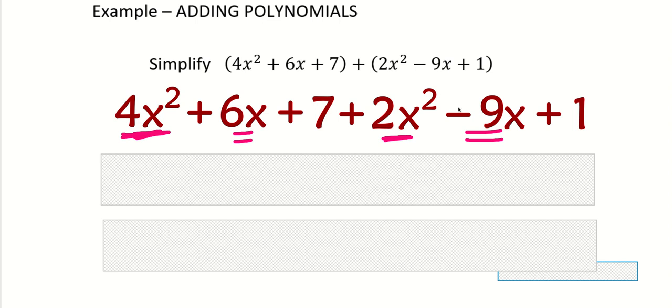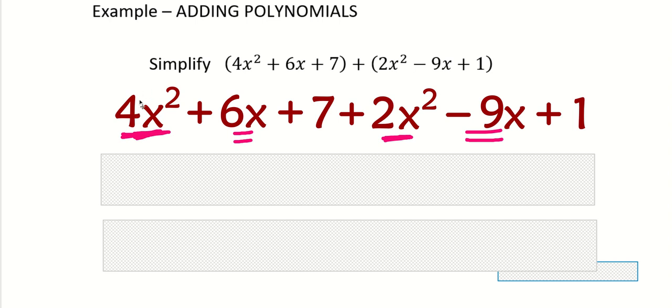In other words, the sign out in front matters. The sign out in front is a part of the term. So when we do 6x with this other one, it's a positive 6x and a negative 9x that are technically being added together.